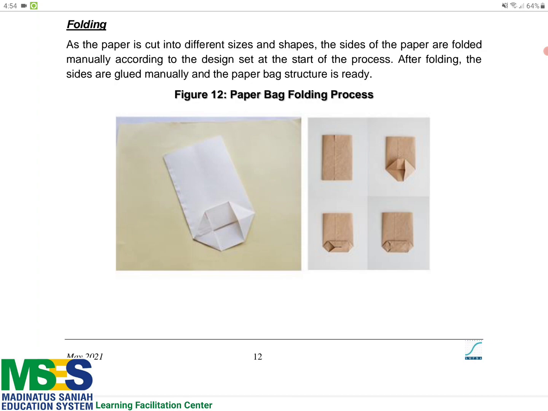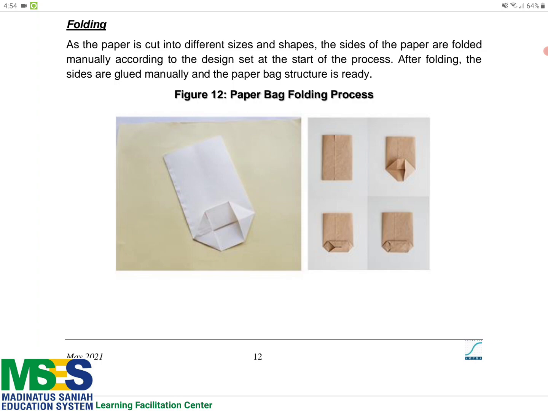This is 110 GSM. See, show this to others as well. 110 GSM. Feel it. You will be able to clearly feel the difference.